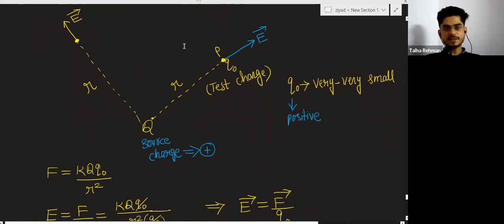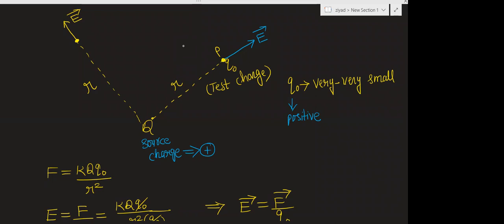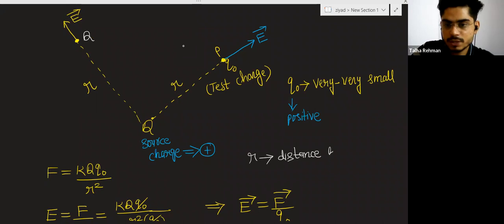And this r is the distance between this source charge and this point P, the distance between Q and Q naught.